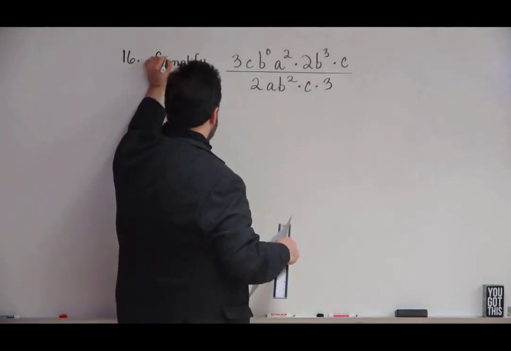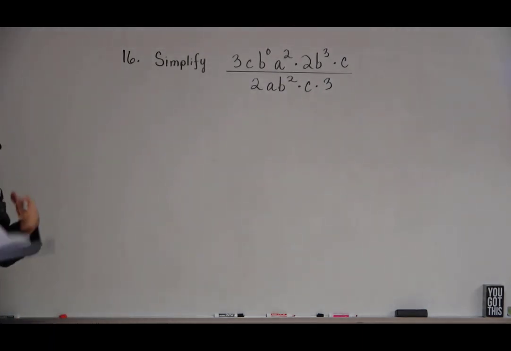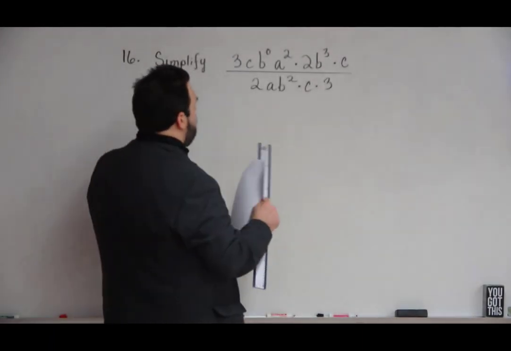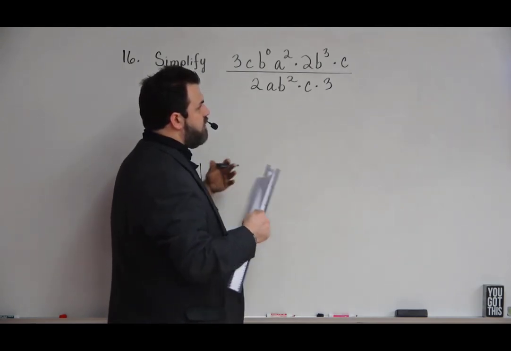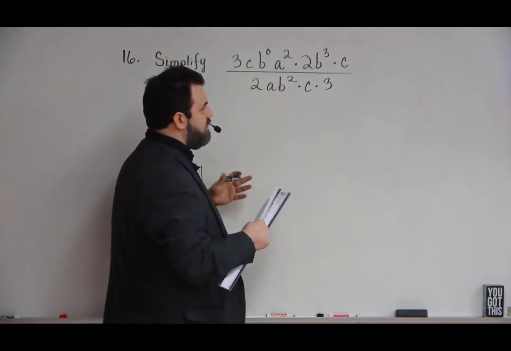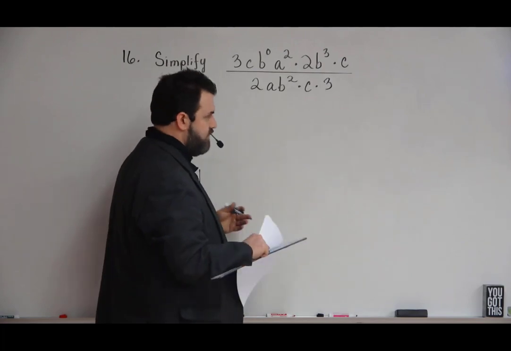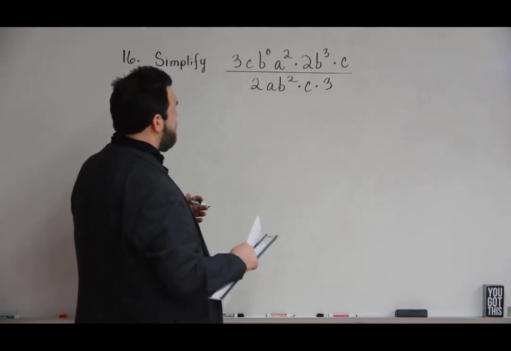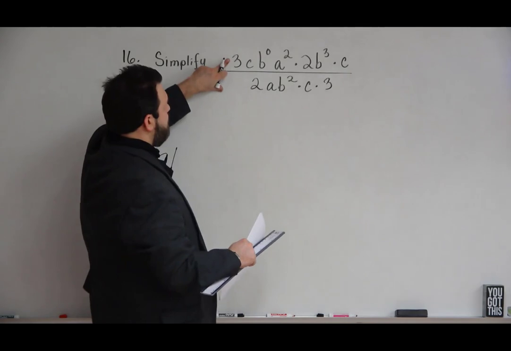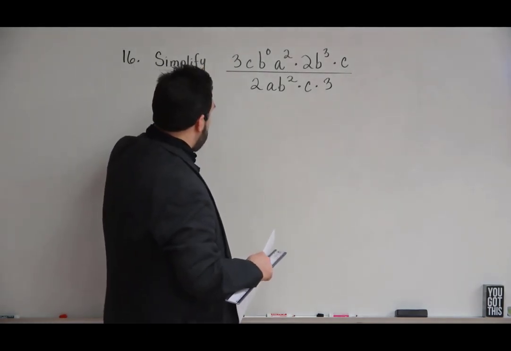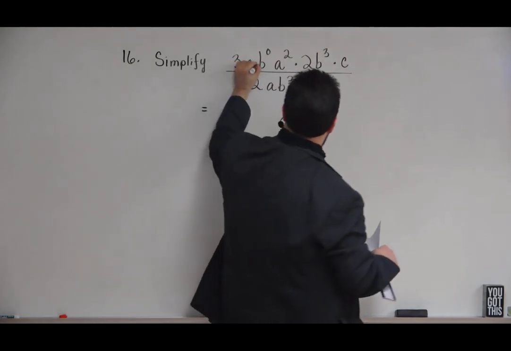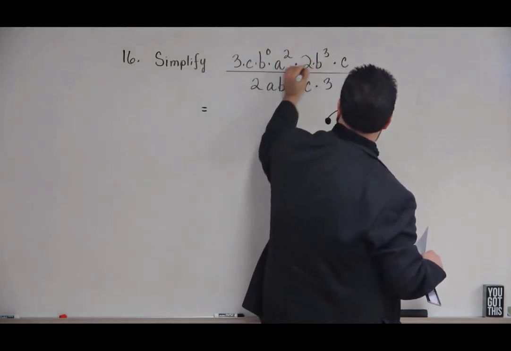And at first, it looks like you've got yourself a massively difficult problem. I agree. But if you just rearrange the letters and the numbers so that the numbers that correspond to one another are grouped together and the letters that correspond to one another are grouped together, this thing just gets very simple, okay? So notice that I've got a 3 here and a 3 here. Well, I'm just going to remember, all this stuff is being multiplied, even the stuff without dots.